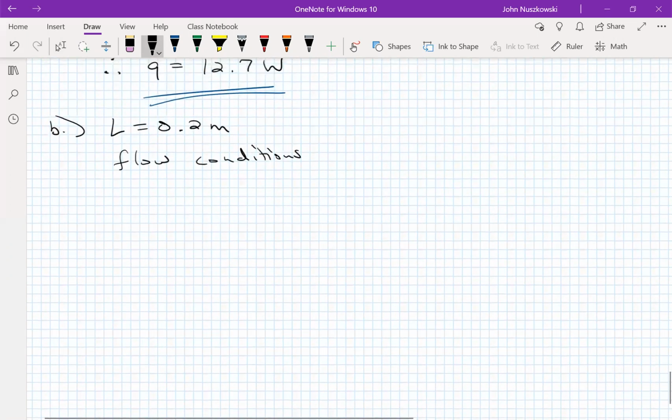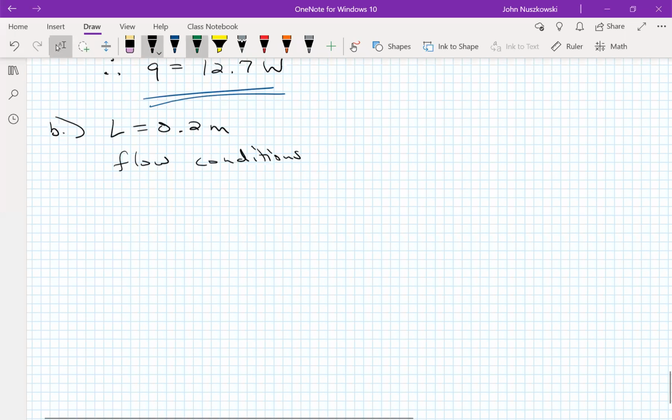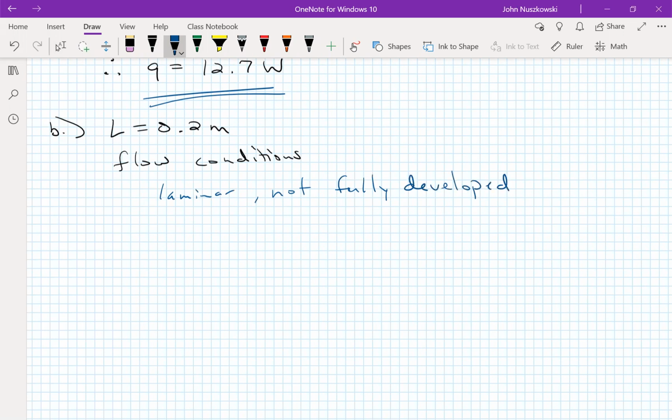So we are still laminar, but not fully developed. What do we think happens to our convection coefficient? Does it go up, down, stay the same if we're not fully developed?